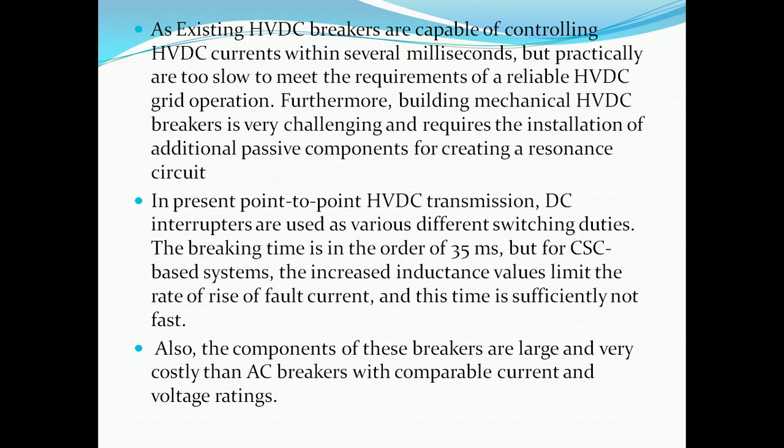The breaking time is in the order of 35 milliseconds, but for current source converter based systems, the increased inductance values limit the rate of rise of fault current, and this time is not sufficiently fast. Also, the components of these circuit breakers are large and they cost more than AC breakers for a comparable current and voltage rating.